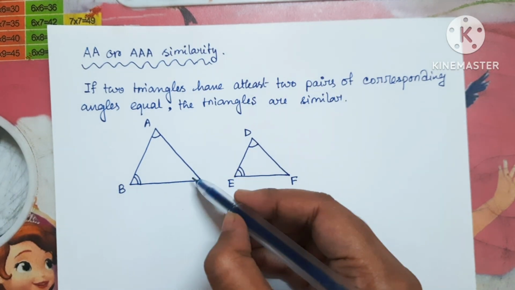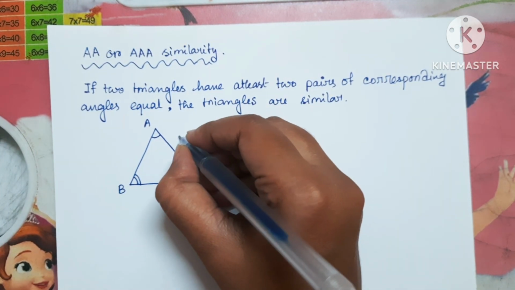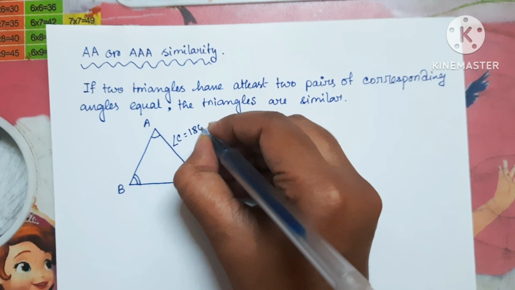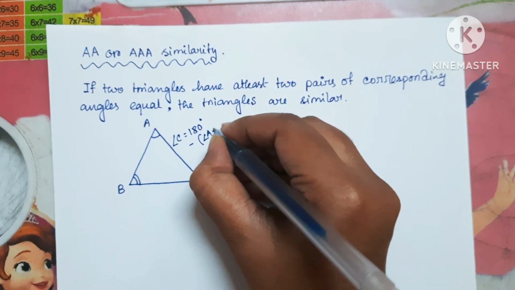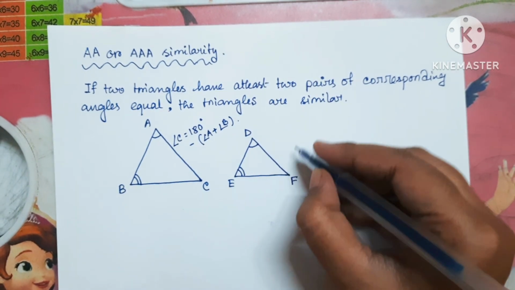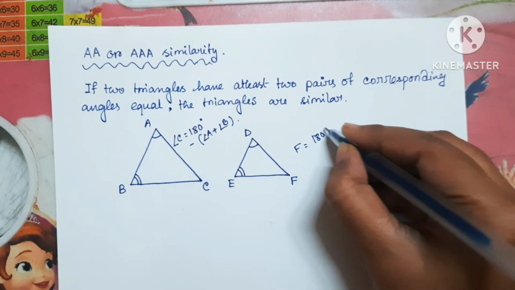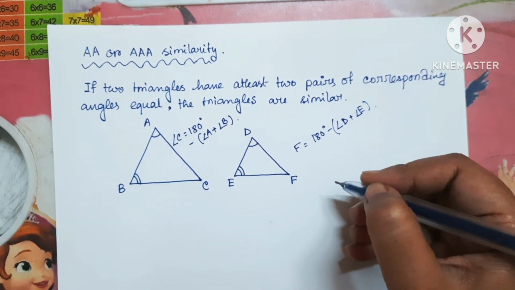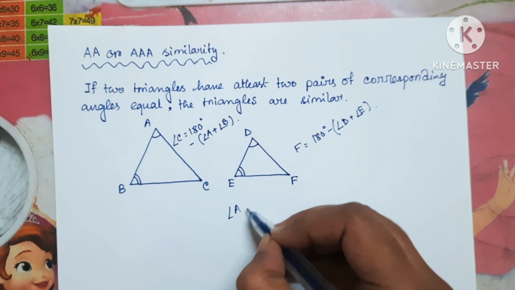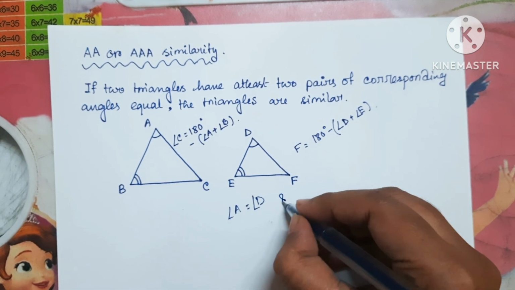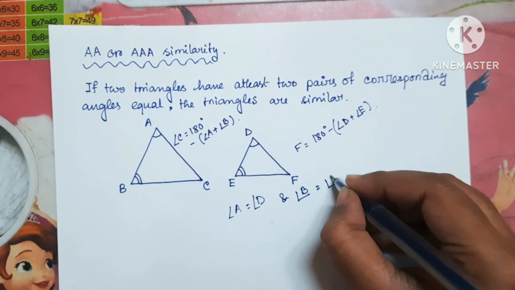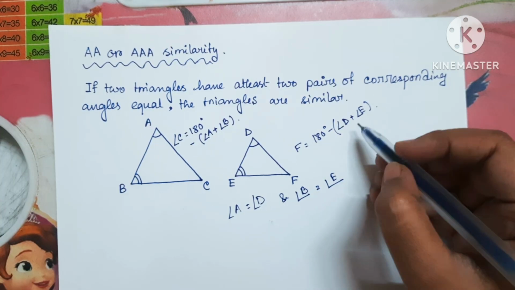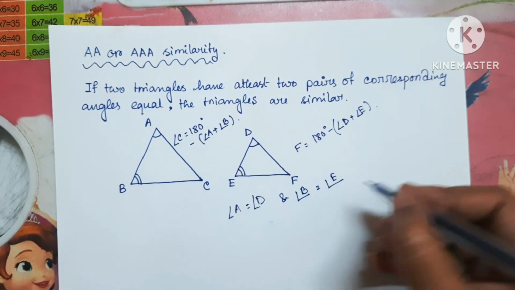Why? Because angle C will be 180 minus (A plus B), and angle F will be 180 minus (angle D plus angle E), right? Now, if A is equal to D and angle B is equal to angle E, then automatically the sum of them will be equal.